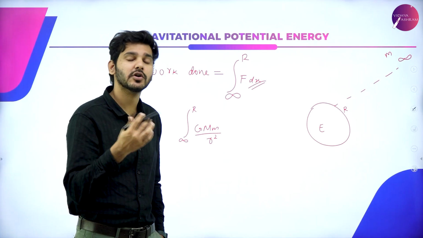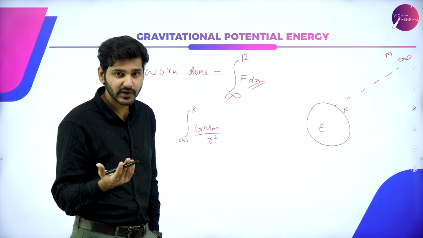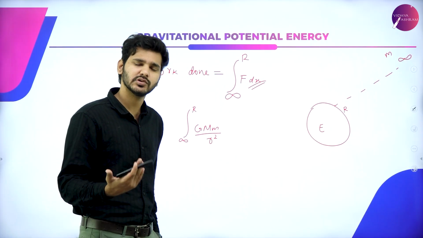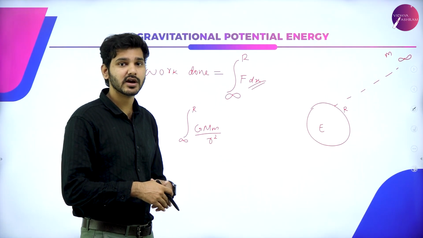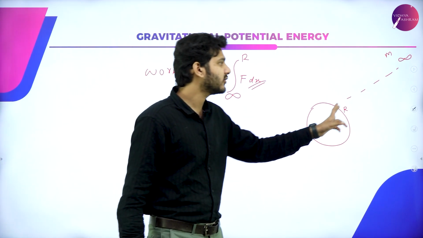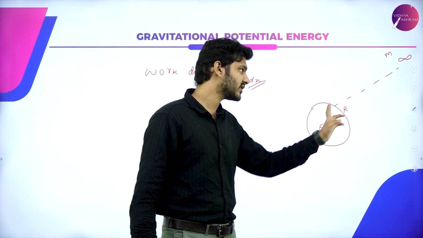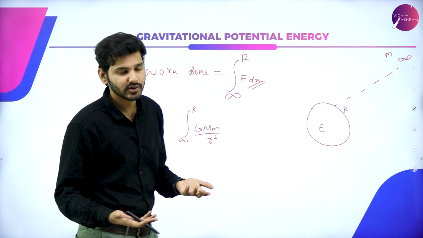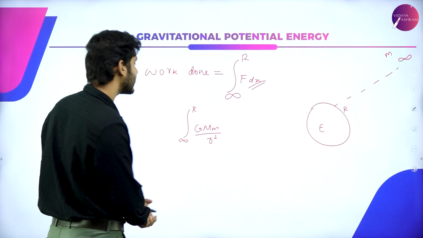So theta is approximated to 0 degrees. That is why we don't take cos theta here. You can take cos theta, there is no problem, but the equation will become more and more complex. So we just take an ideal case where the force applied is in one direction and the displacement is also in one direction. That is why we take theta as 0 degrees, if anyone is wondering about that.